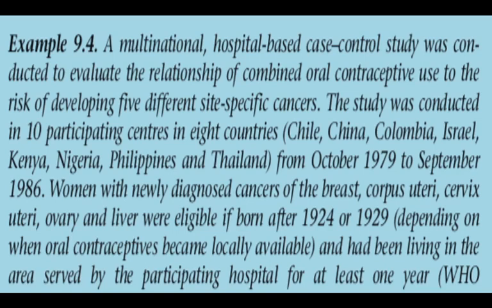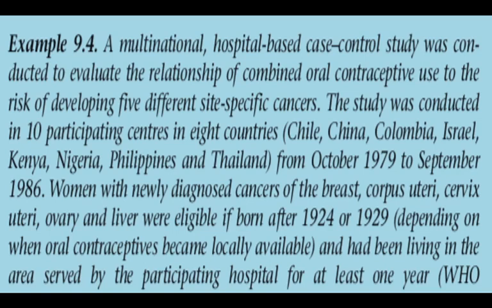Now, looking at this example, it says that a multinational hospital-based case control study was conducted to evaluate the relationship of combined oral contraceptive use to the risk of developing 5 different site-specific cancers. Okay, so the study was designed on oral contraceptive use to try to evaluate what type of cancers, 5 cancers, may possibly be affecting the individual, and the study was conducted in 10 participating centers of 8 countries.